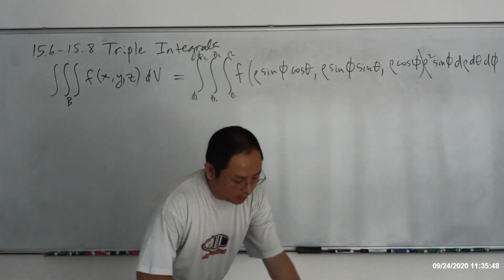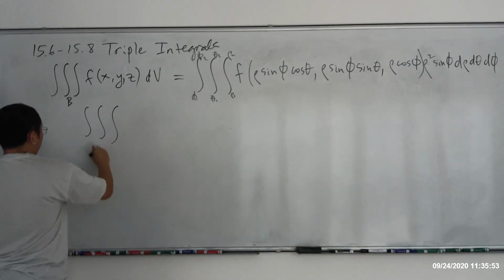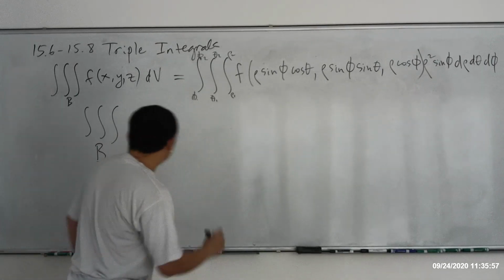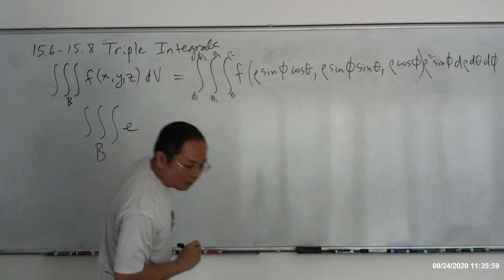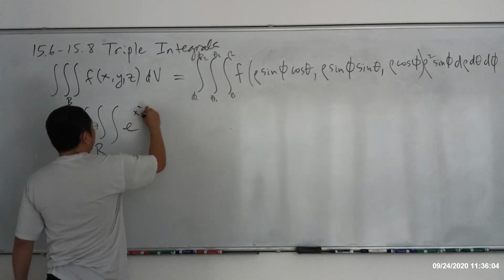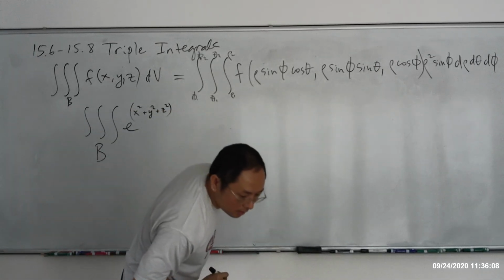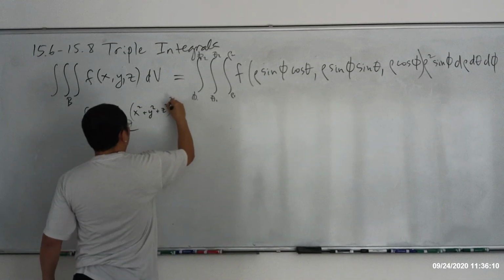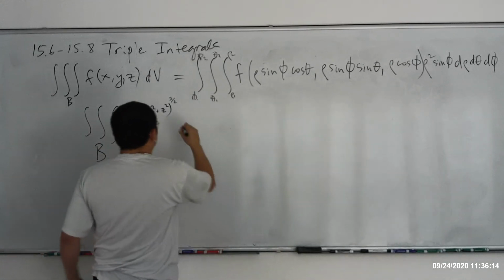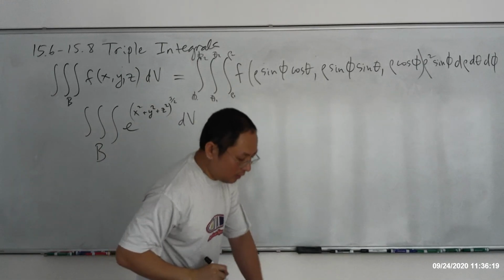Evaluate this triple integral over the region B, the box B, of e raised to the power of (x squared plus y squared plus z squared) raised to the power of 3/2 dV, where B is the unit ball.